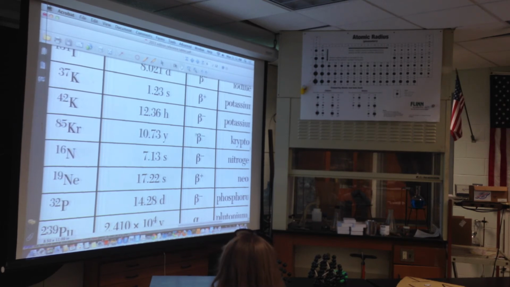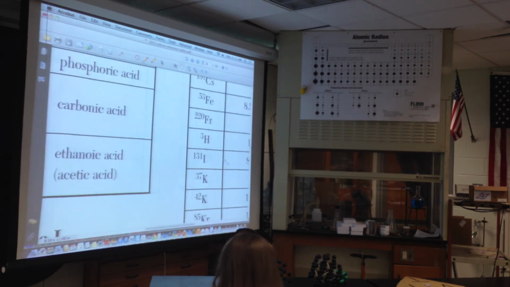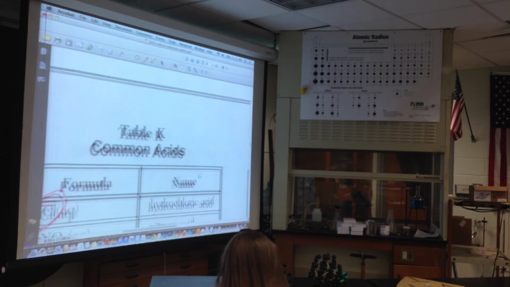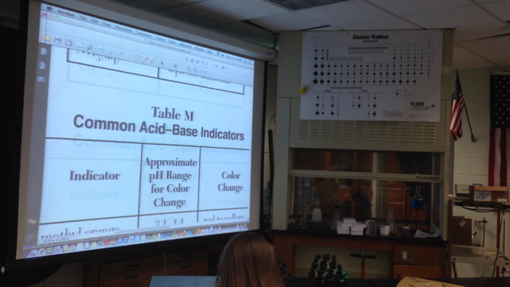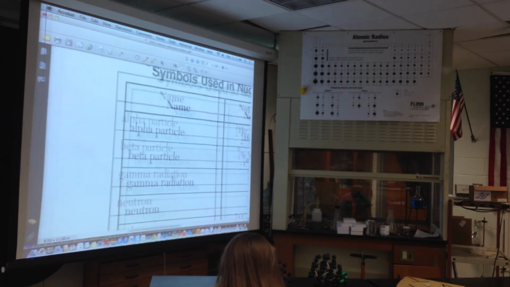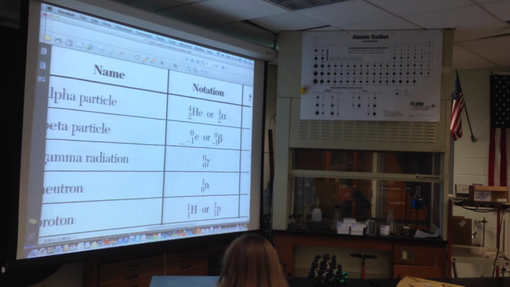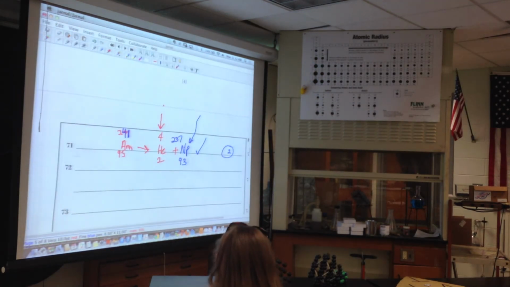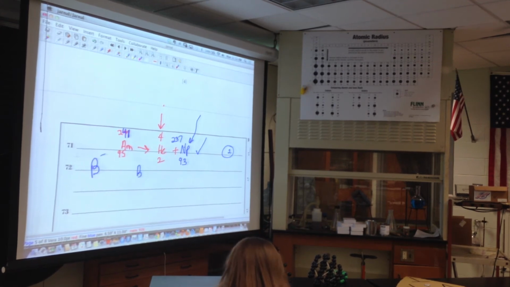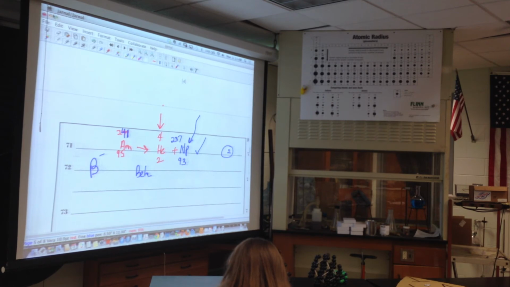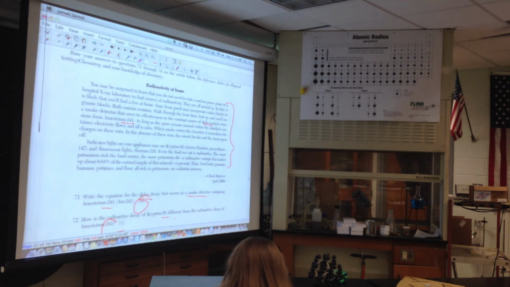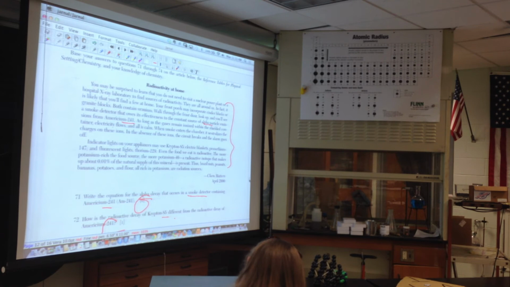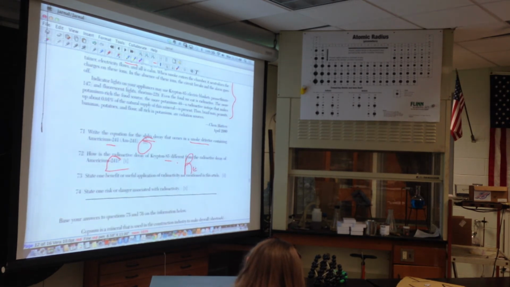Now, a beta negative, what the heck is that? Well, go to Table O. Table O tells you that a beta negative is a beta particle. That's all they wanted. That question was looking up using Table N. So you could write beta negative or beta particle. Really? All that reading, all this cloak and dagger stuff, was really just Table N.